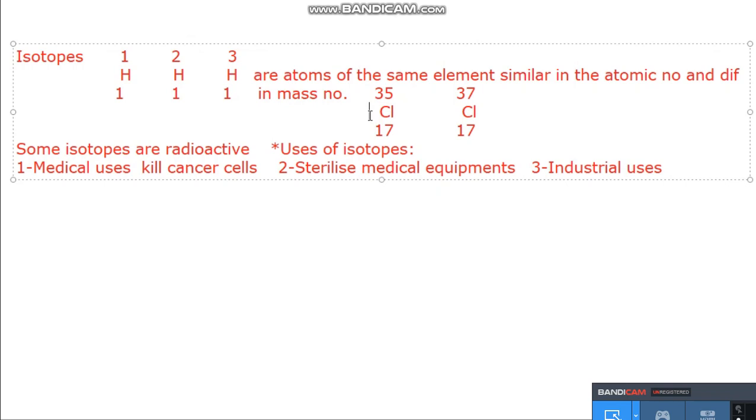Now let's move to the second lesson, electronic structure.